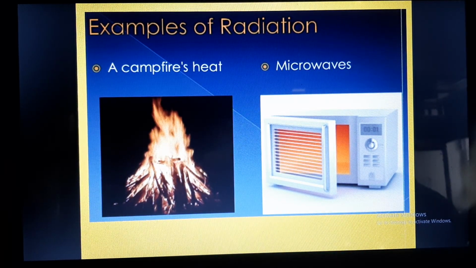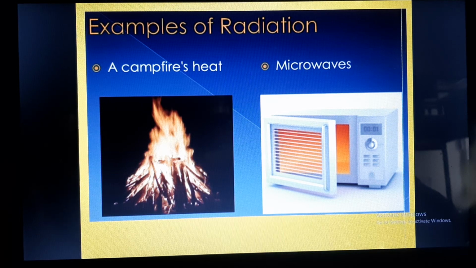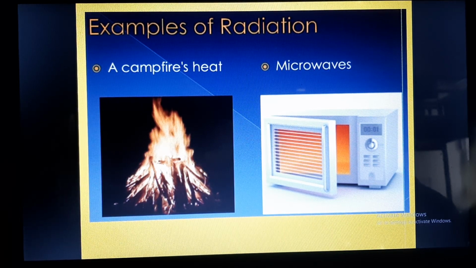What are the examples of radiation? A campfire. If you are sitting around a campfire and you are not coming in contact with the heat source, then also you feel the warmth of the fire. Why is it so? Because the heat is transferring through the process of radiation. Microwaves in your homes also work on the principle of radiation.